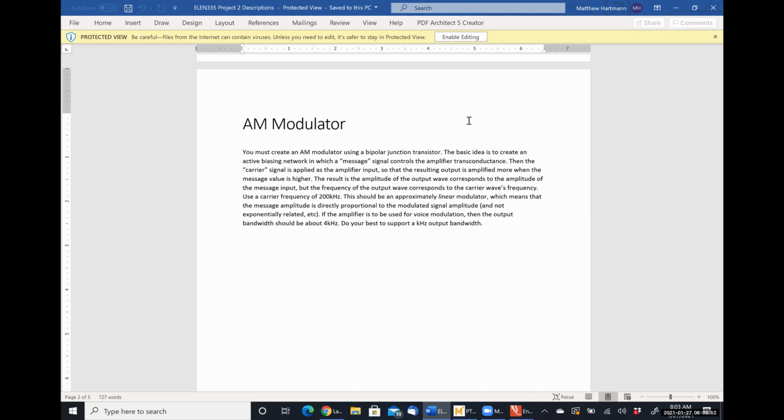The result is the amplitude of the output wave corresponds to the amplitude of the message input, but the frequency of the output wave corresponds to the carrier wave's frequency. So you're building an analog mixer really here. Carrier wave frequency of 200 kilohertz, approximately a linear modulator, which means the message is directly proportional to the modulated signal amplitude. The message is to be used for voice modulation, and the output should be around 4 kilohertz. All right.